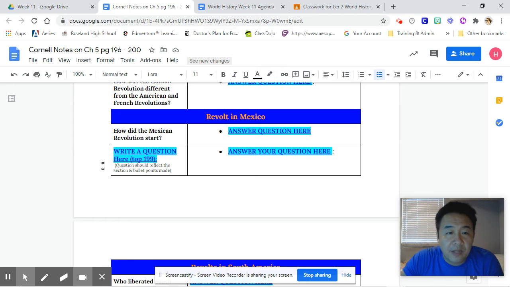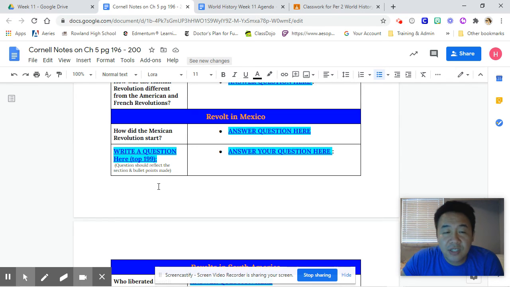So you might start with a question about what happened to the Mexican revolt, what was the result, and then answer that question. Answer your own question here. So think about what you will write for the top of 199. It's usually the first 2 paragraphs, and then how you would answer that question that you wrote.